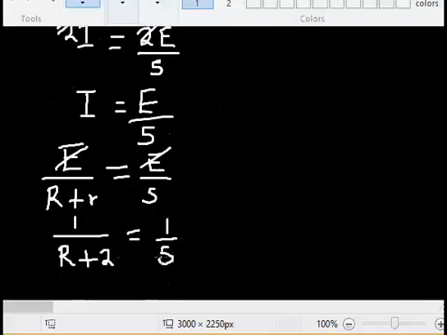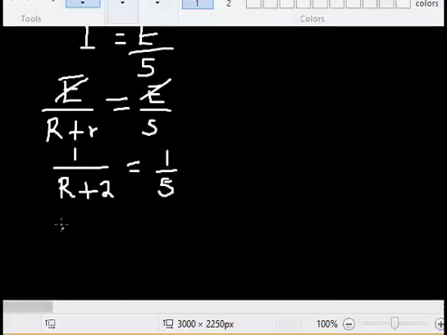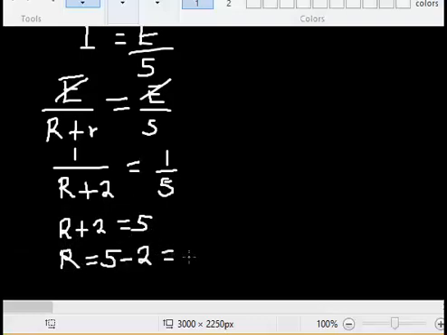I can just find the reciprocal or cross multiply. If I cross multiply, I'm going to have R plus 2 is equal to 5. So the big R now becomes 5 minus 2, which is 3.